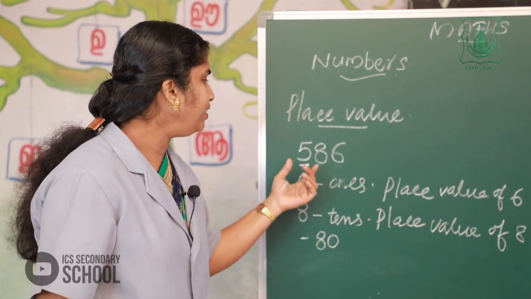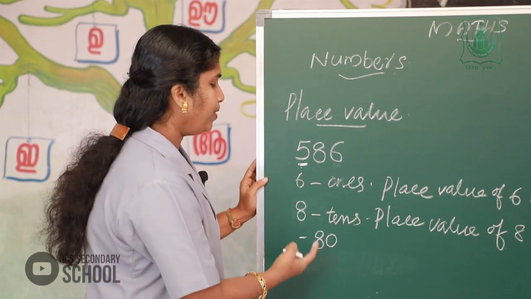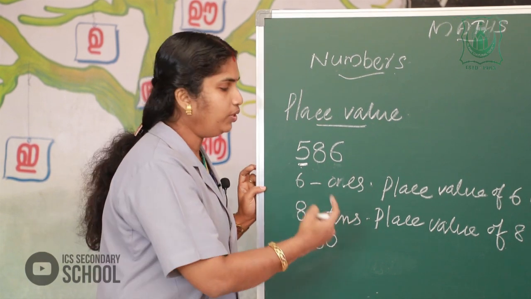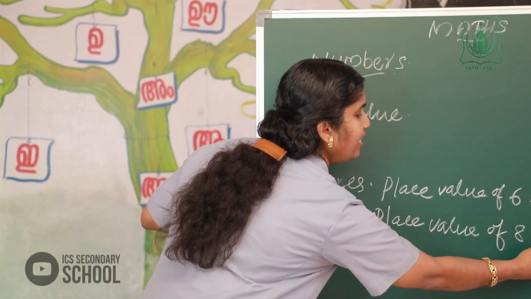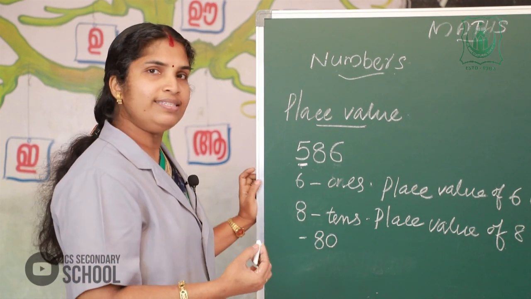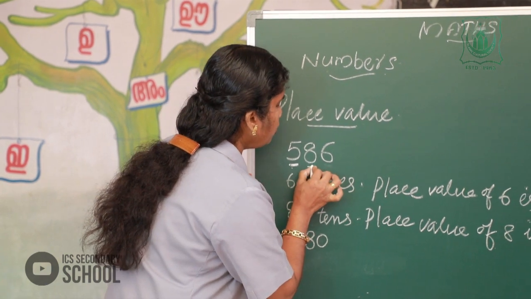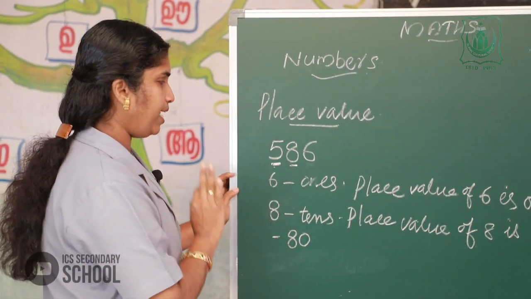The position of 8 in this number is tens. So the place value of 8 is 80. The position of 8 is the tens place.